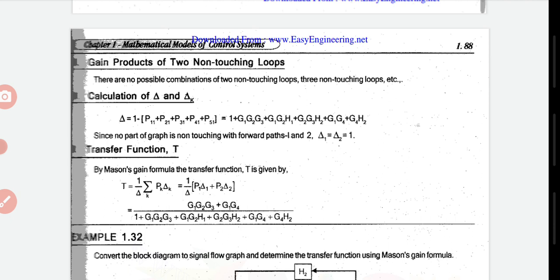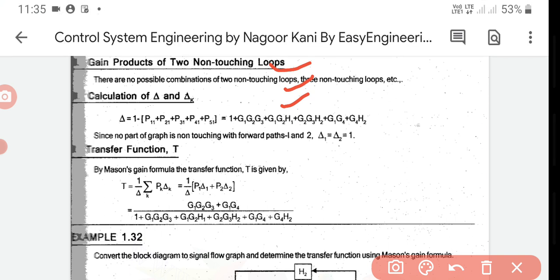Finally you have to calculate the transfer function. What is the transfer function formula? Mason's gain formula: T is equal to 1 by delta sigma of Pk delta k. That is 1 by delta of P1 delta 1 plus P2 delta 2.